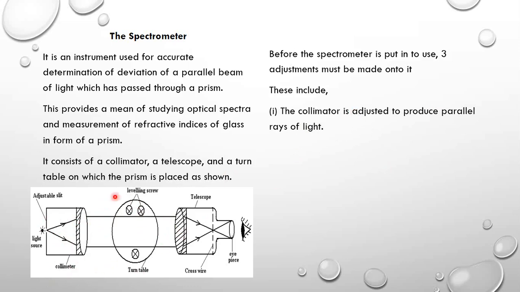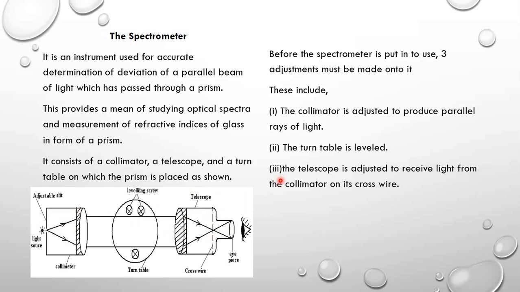So the turntable is leveled using these leveling screws. And then after that, we shall also adjust the telescope so as to receive light from the collimator on its cross wire. So after making those adjustments, then we can use the spectrometer.